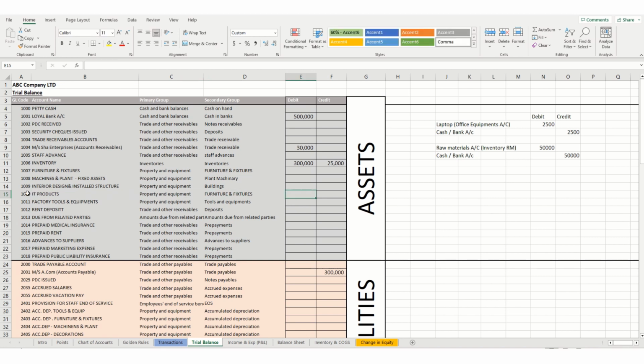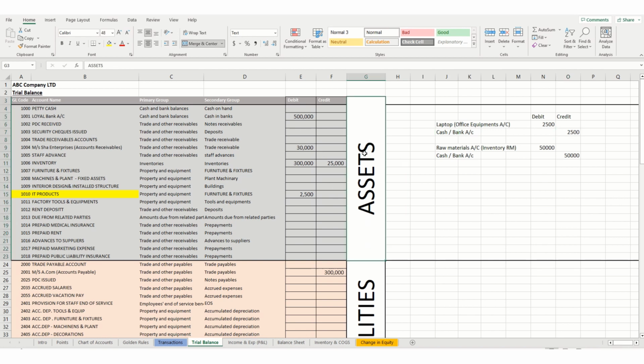Okay, here now I'm going to debit, right? Office equipment is debited. So I will go to office equipment with the same amount that was debited in the debit column, right? 2500. So one side of the entry is posted into the trial balance, and the second is cash or bank, 2500.